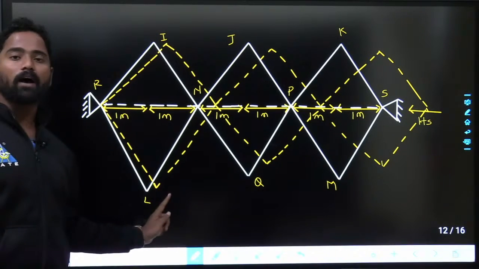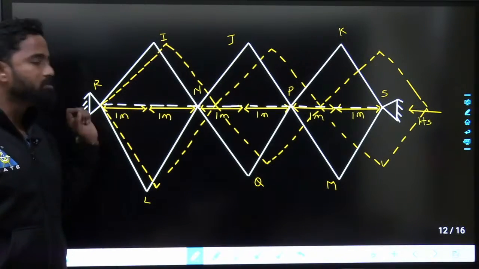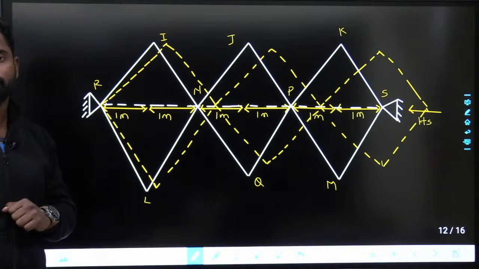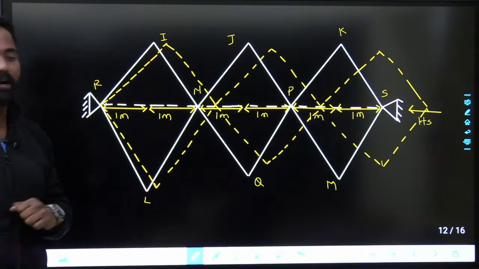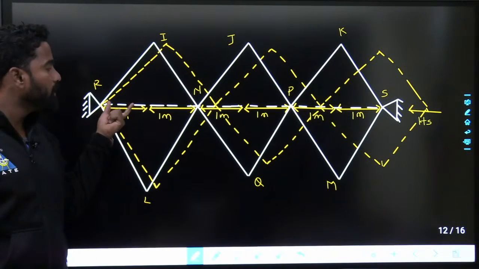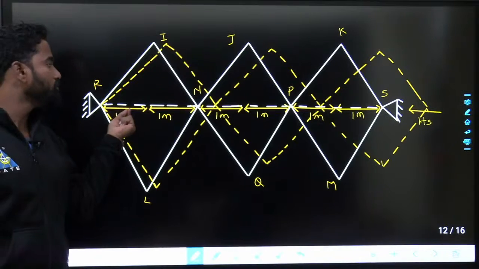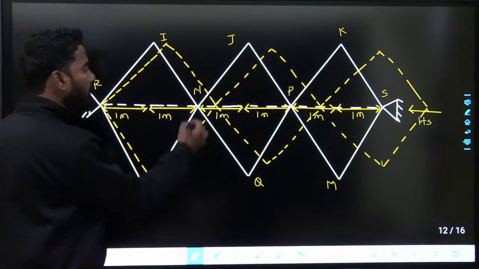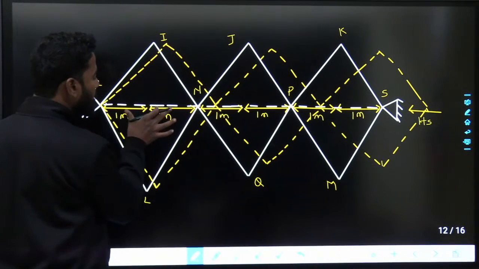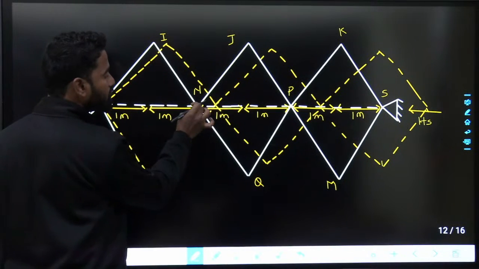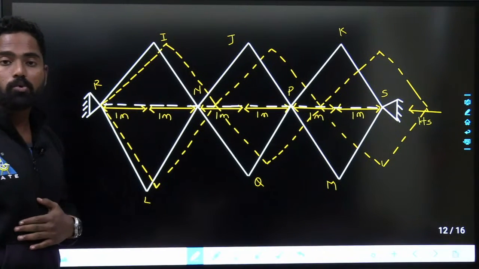Horizontal movement of I and L would be 1 times theta, because the distance is 1. Similarly, N will move, if the distance is 2 meters, by an amount of 2 times theta.